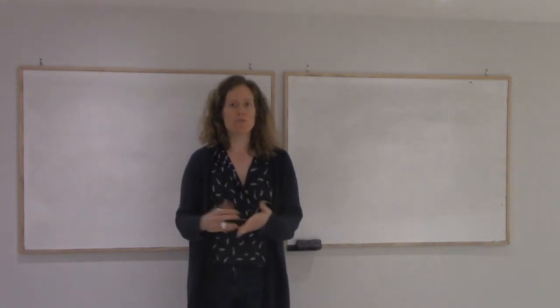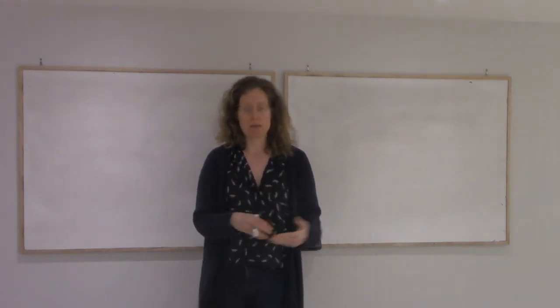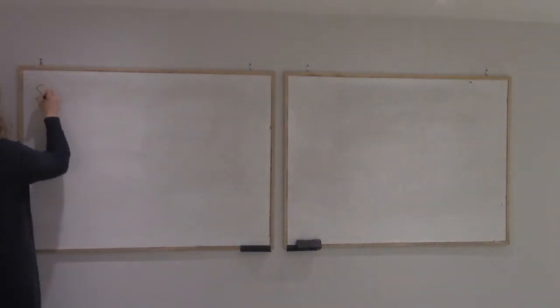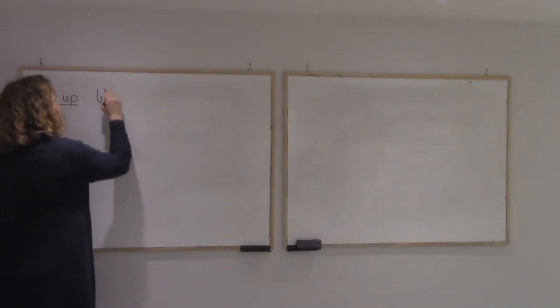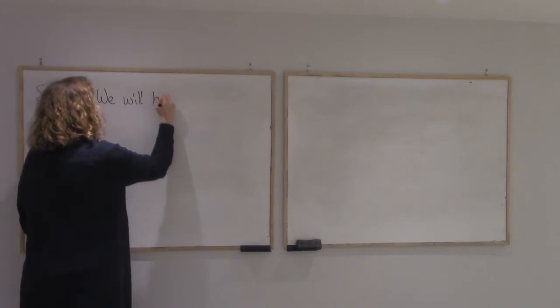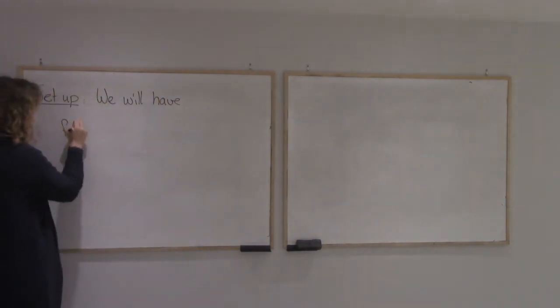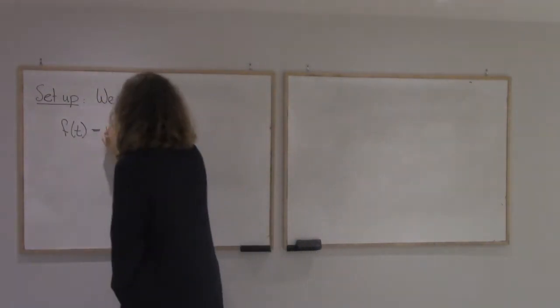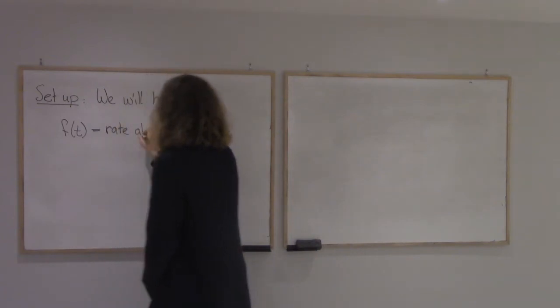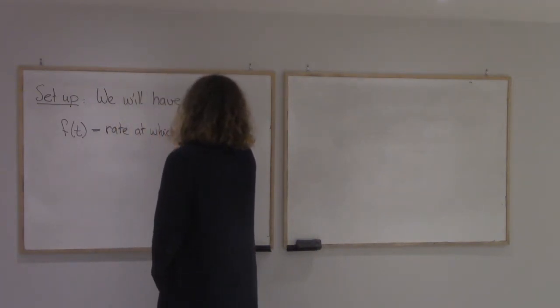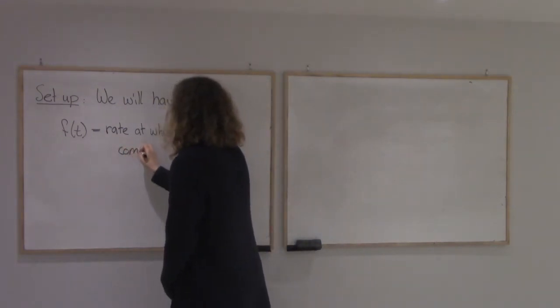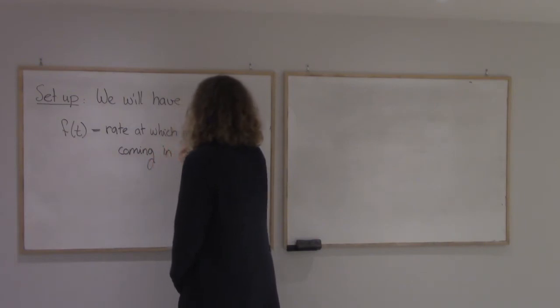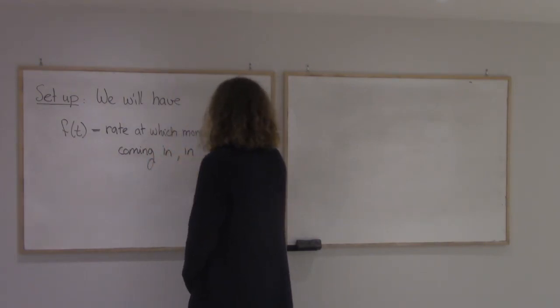So in general, we'll give you the rate at which money is coming in. So the setup will be: we'll be given a function f of t, and that's the rate at which money is coming in, in dollars per year.